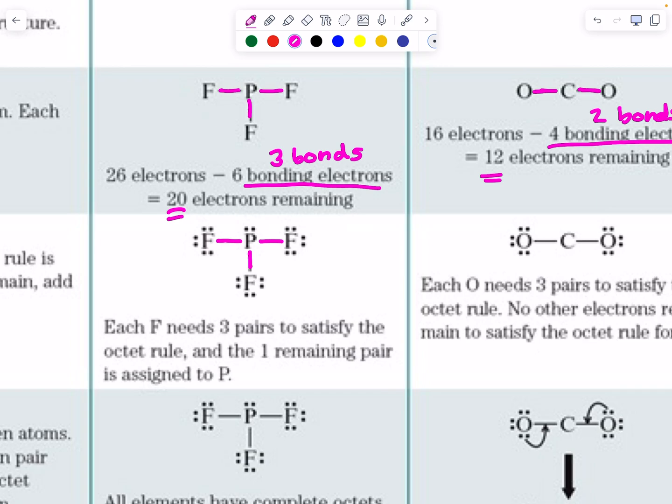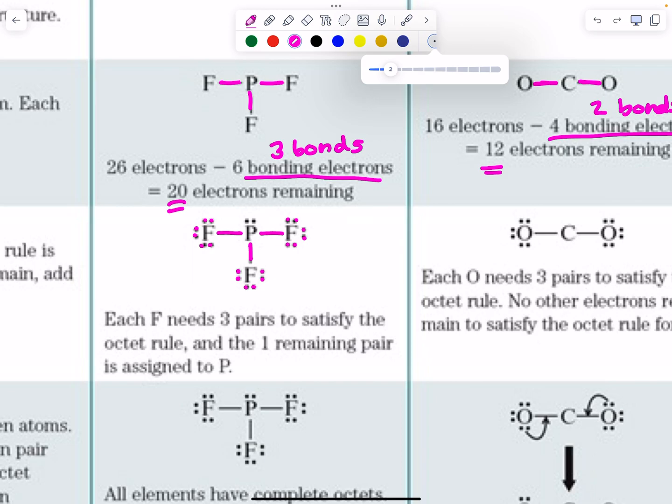If an atom has 1 bond to it, it's going to need 6 more electrons to get to the octet rule. So we go 1, 2, 3, 4, 5, 6. I do that for all 3 of the fluorines, and 6 times 3 is 18. I had 20 electrons left to place. That means I've got 18, oops, let's make this smaller so that we can actually see what I write.